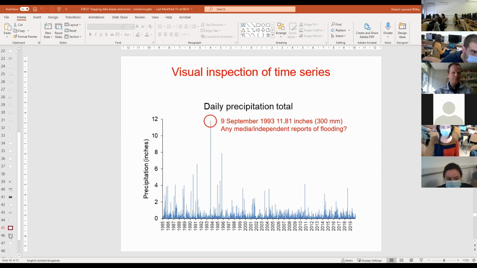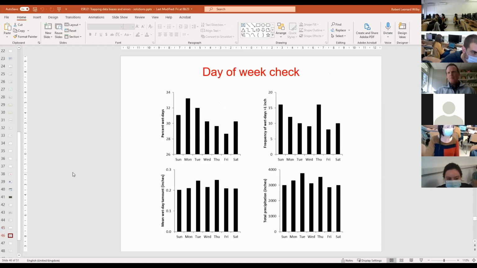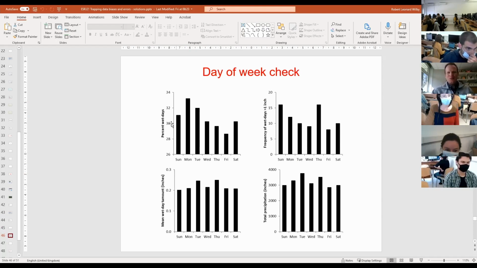Now, if we move to the next slide, I don't know whether any of you had a chance to do a day of the week check. This doesn't look too bad, although if you look at the larger number of rain days on Monday, perhaps, and the relatively smaller number on Sunday, although Sunday is not the lowest in the week, maybe there is some bulking up of values on Monday and some under-recording of rainfall on Sunday.